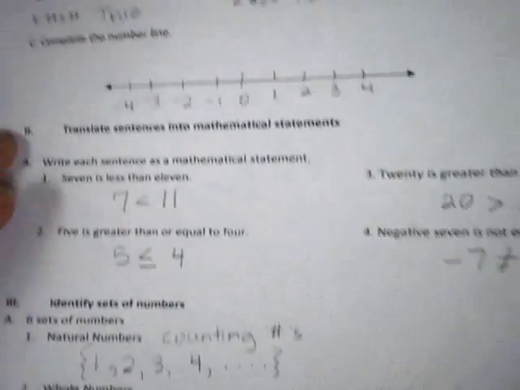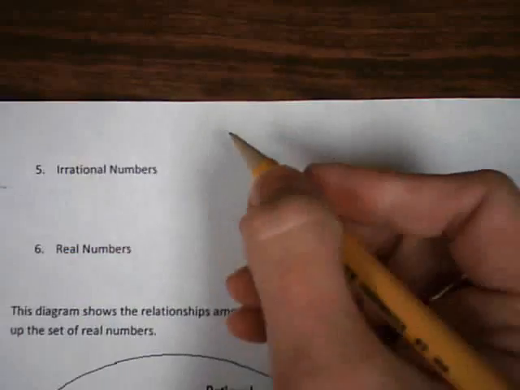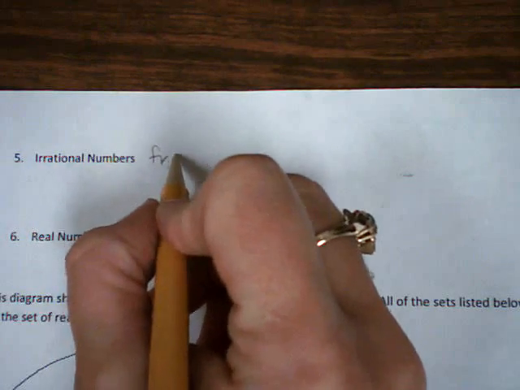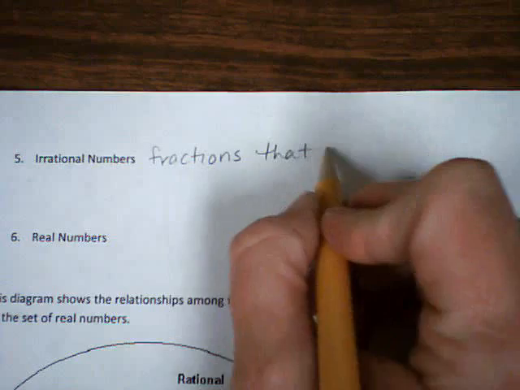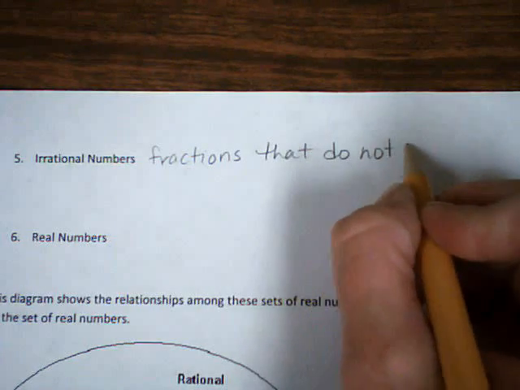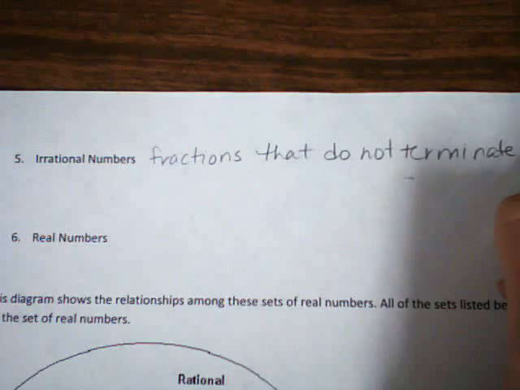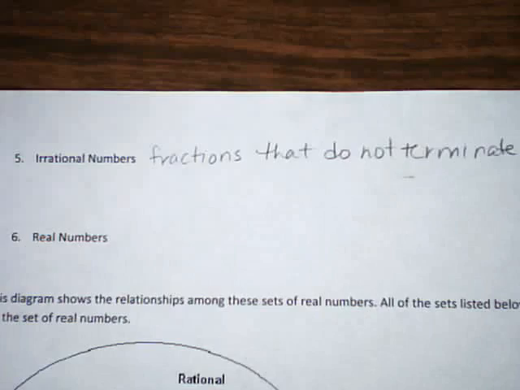We have another set of numbers called the irrational numbers. We don't use these a whole lot in this course, but you do see them in later courses. These are numbers that do not terminate or repeat.